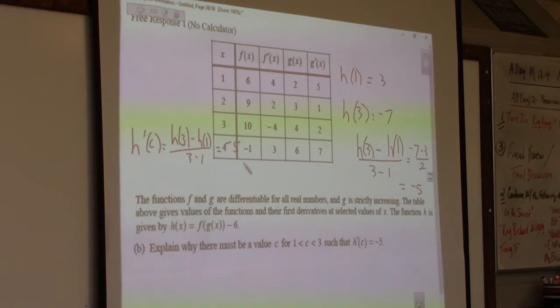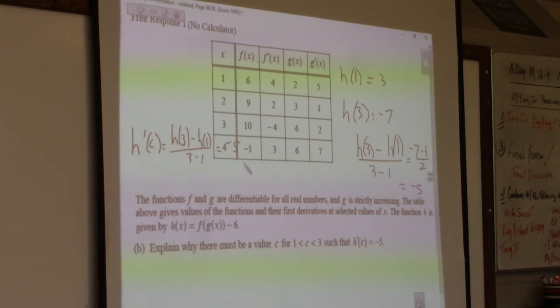So how would you go about justifying or explaining that? Well, since h is differentiable and continuous, the mean value theorem applies.